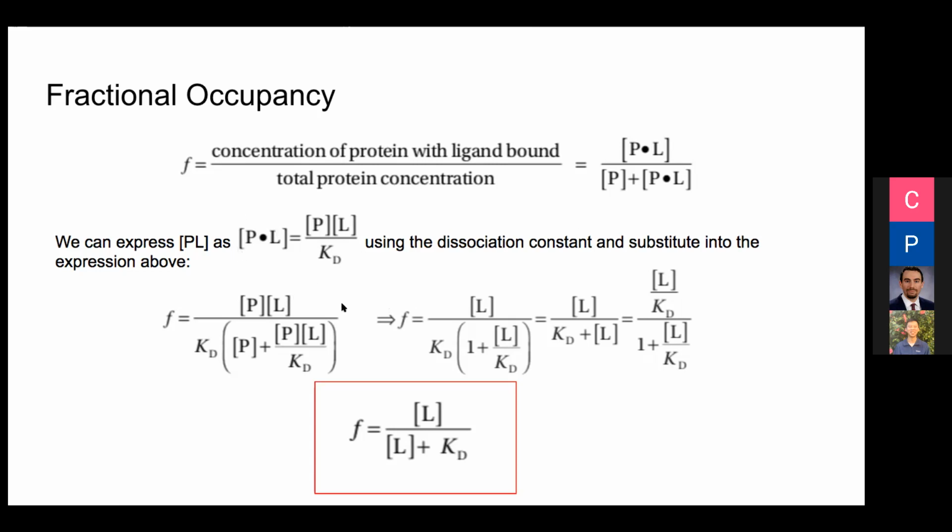And then if you multiply by KD top and bottom, you get this expression and a little bit of mathematical massaging, and then you get this nice expression. So then your fractional occupancy, again, the fraction of total protein that is bound with ligand, is purely a function of the ligand concentration and the dissociation constant.